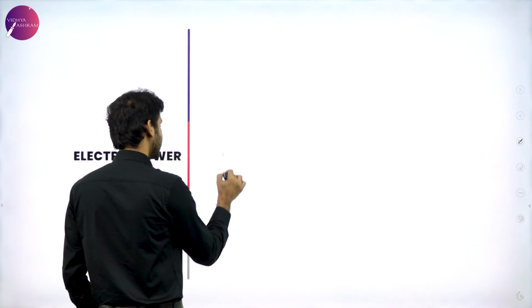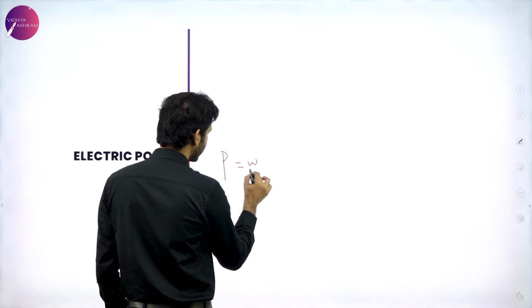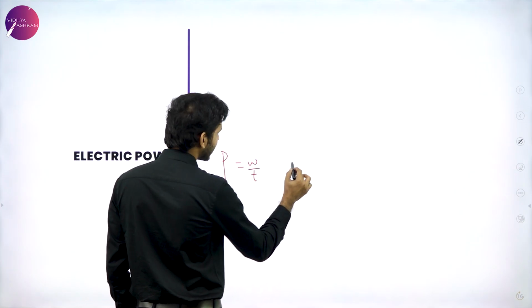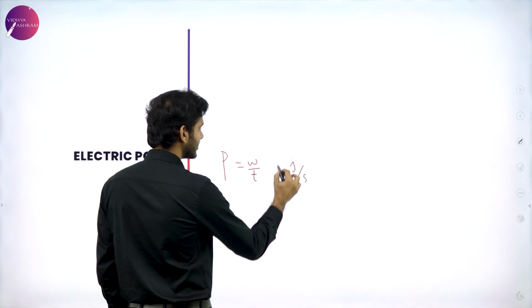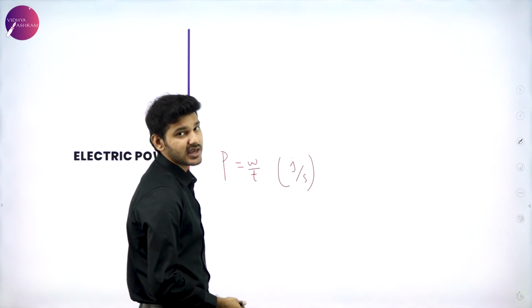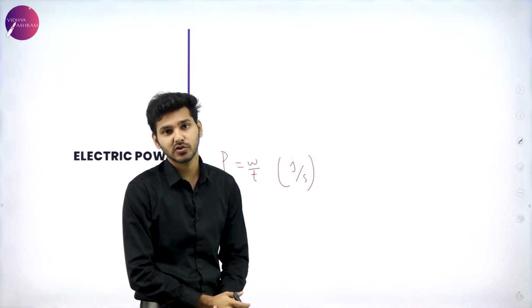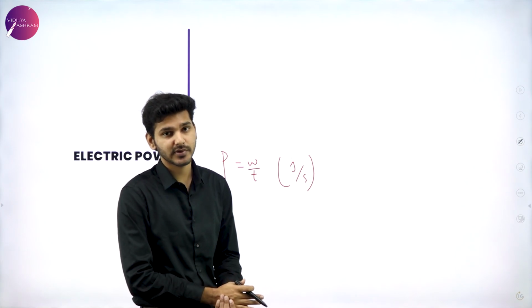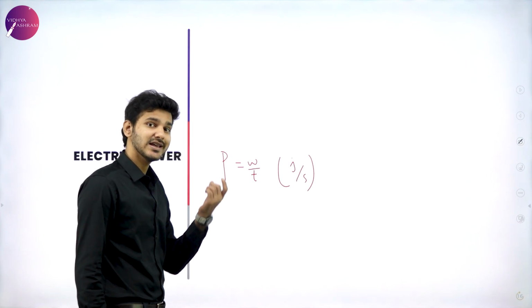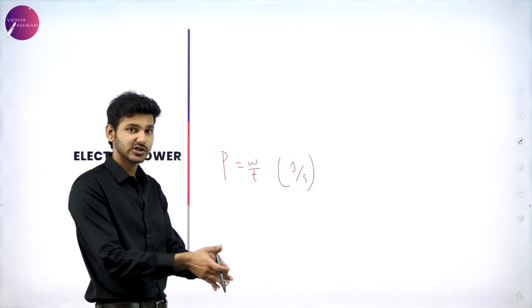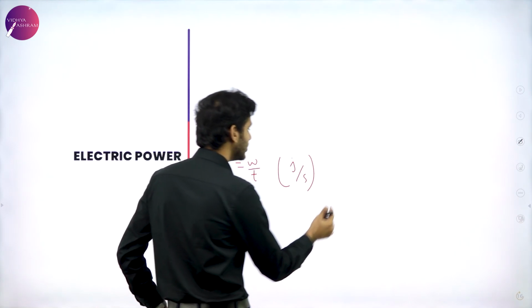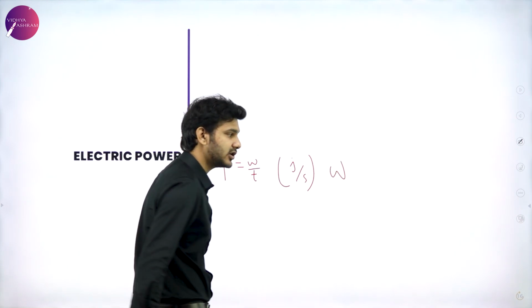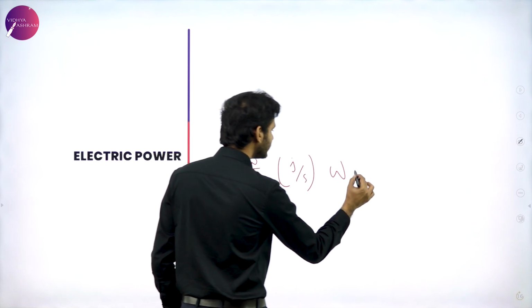We can say that the unit of power, P is equal to W by T, can be written as joules per second. But since we are paying tribute to many scientists who have worked on many countless topics, this power is named after a scientist known as Watt. So the unit of power is capital W, that is watts.